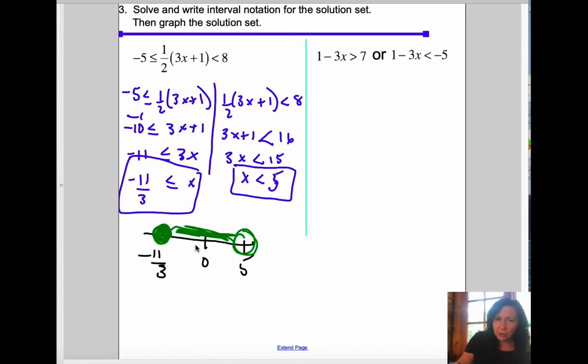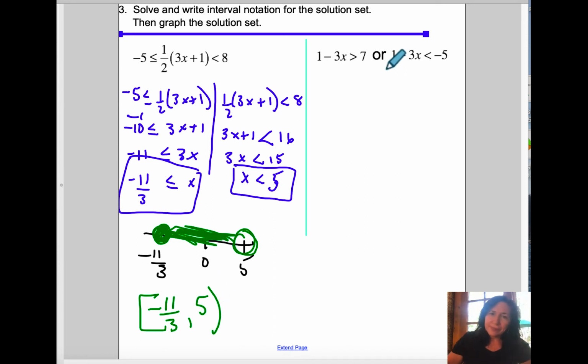So solid circle here, and these are going here. So putting the answer all together, it's any value from -11 thirds all the way to 5. And so putting that in interval notation, the solid circle is a bracket, so it'd be -11 thirds all the way to 5, and that's going to be an open circle.